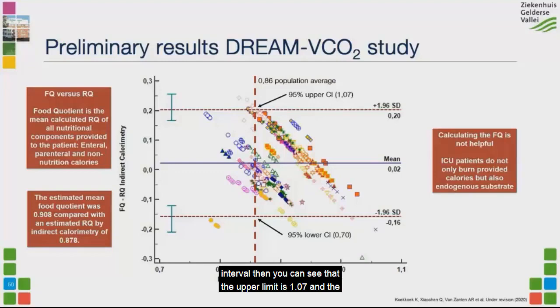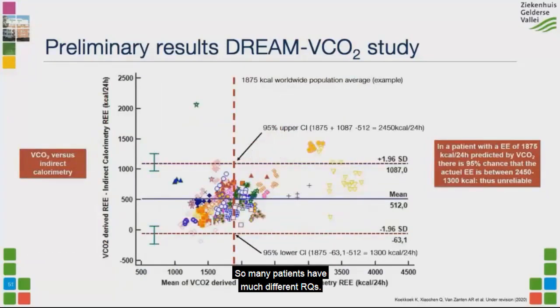Then you can see that the upper limit is 1.07 and the lower limit is 0.70. So this range is really huge. So there is so much variation that you cannot use it. And you can also see that the average of a population of 0.86 is very rarely the case. So many patients have much different RQs.